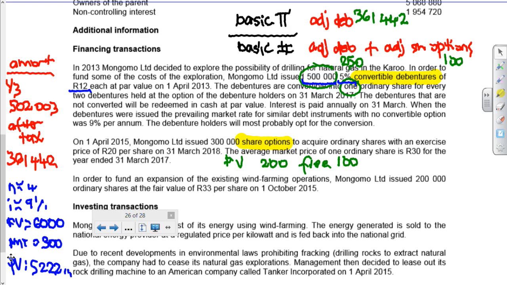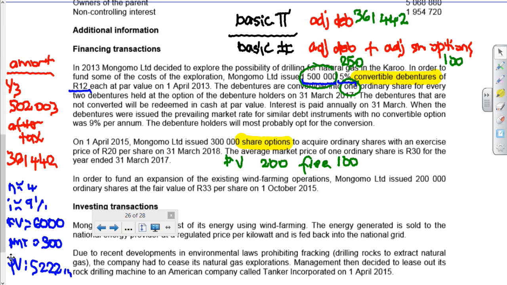If they had to buy shares in the market, they would have to pay 30 Rand, so they would only be able to buy 200, so the other 100 are the free ones. Or you can just say 300 times 10 over 30. The 10 Rand difference in price over the market price gives the free ones, and those are the ones we're going to add to our diluted earnings per share.